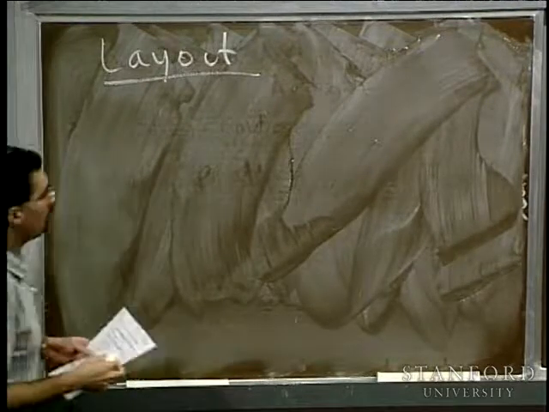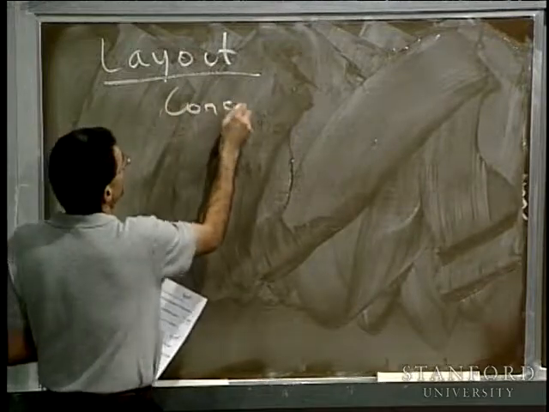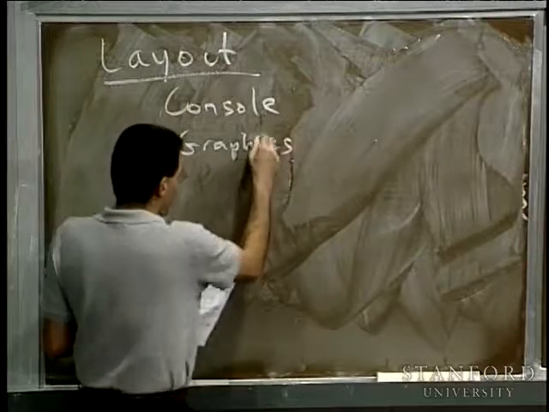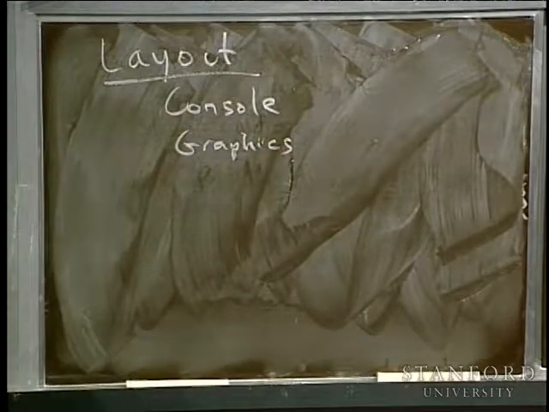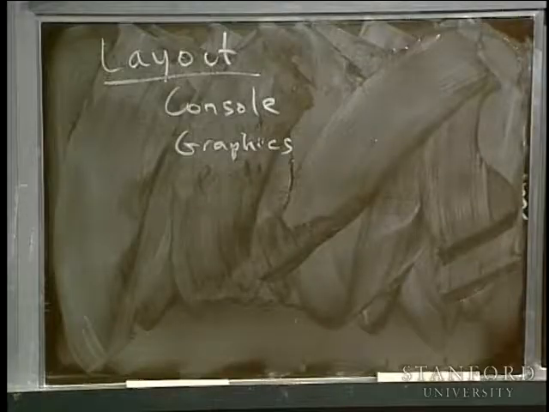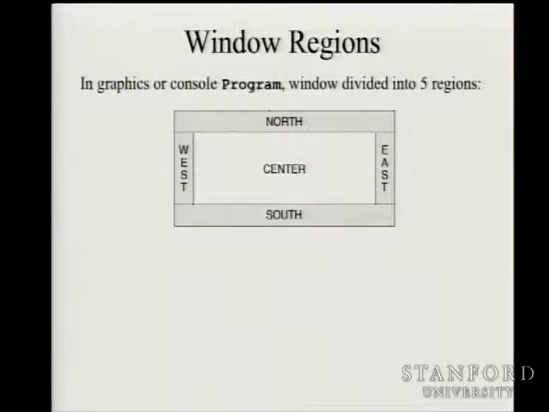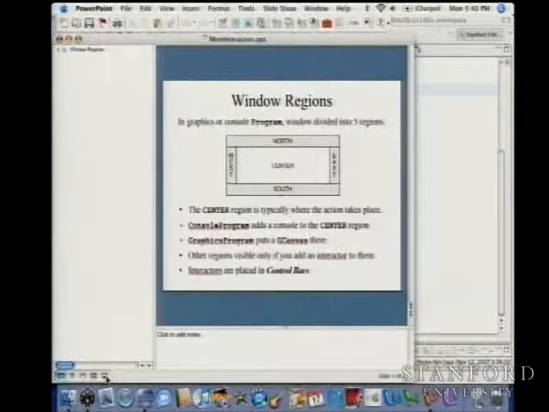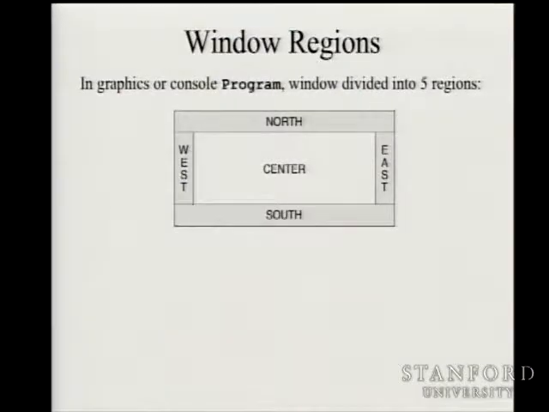Now, it turns out when you used your friend the console program or the graphics program, what you got was a layout called the border layout. As a matter of fact, you already saw the border layout last time. It looked like this. You had some center region, and you had north, south, east, and west borders, which is why this is called a border layout.